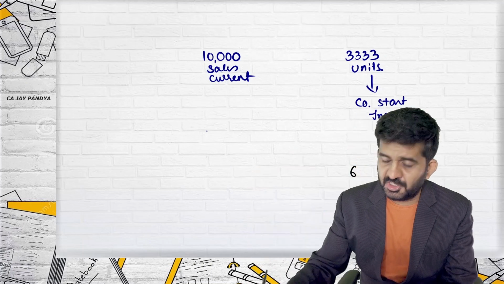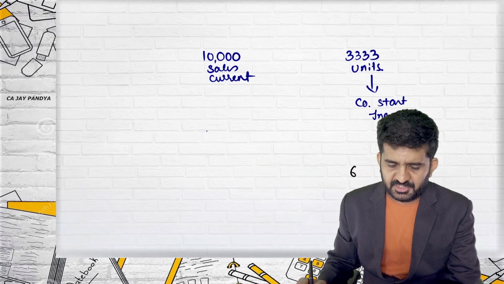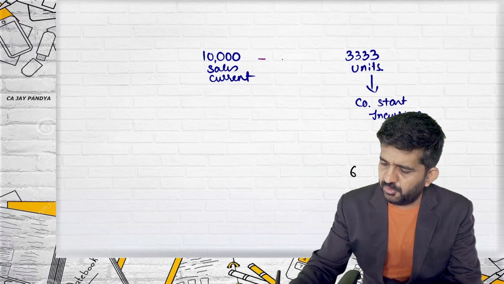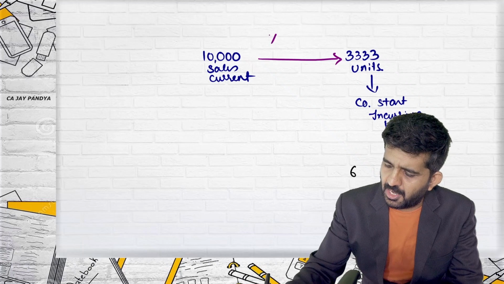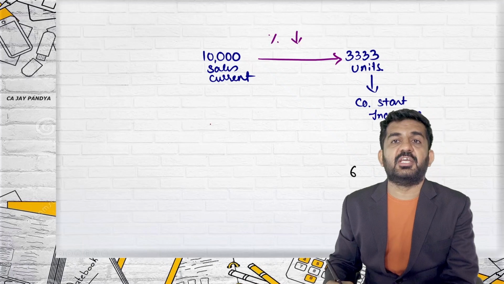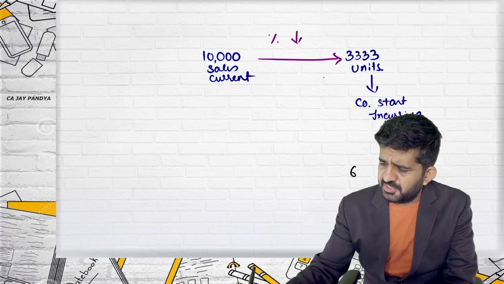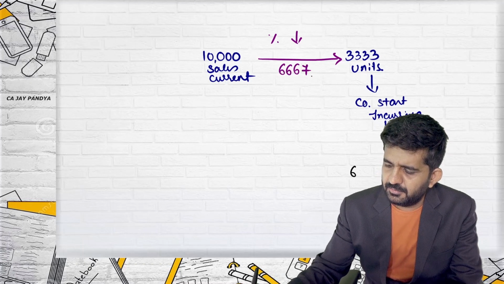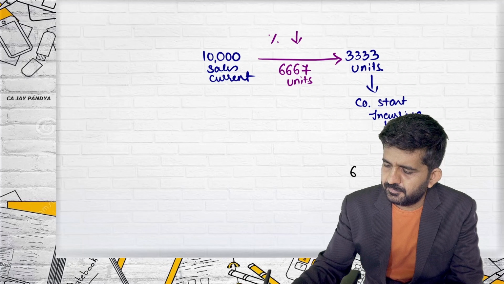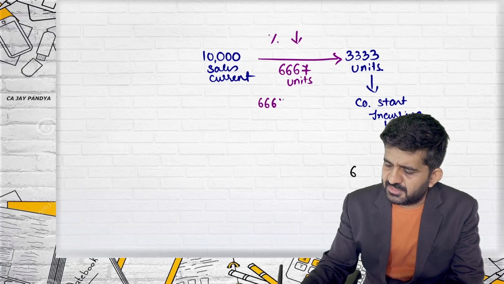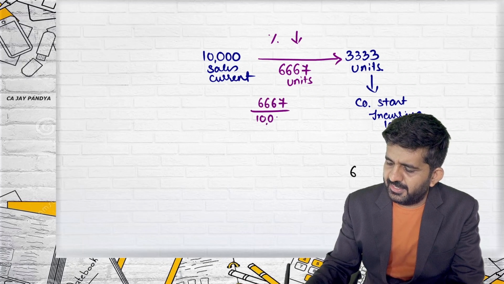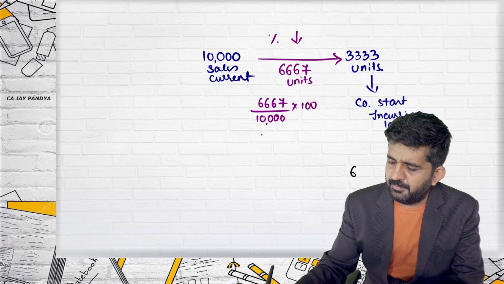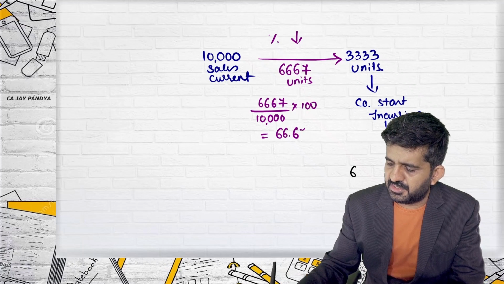How much is this percentage decrease? Please try to concentrate. What I need to find out is how much percentage decrease this is. How much is it actually decreased? 6,667 units. 6,667 on 10,000 units multiplied by 100 is 66.67%.